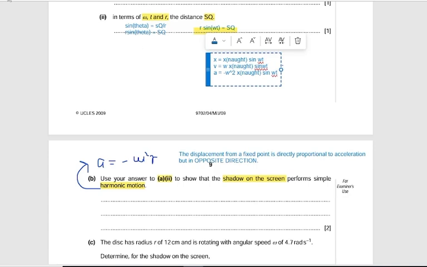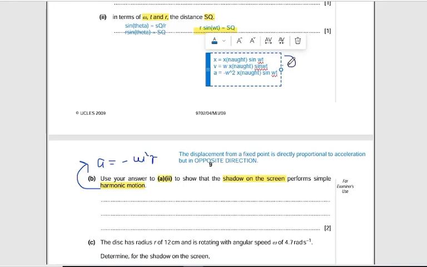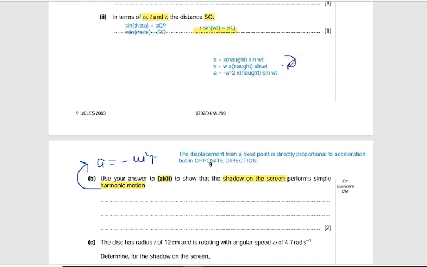Now, how did this equation turn into this and then into this? This is by differentiation by t. This was differentiated by t to form this, and then this was differentiated to form this.